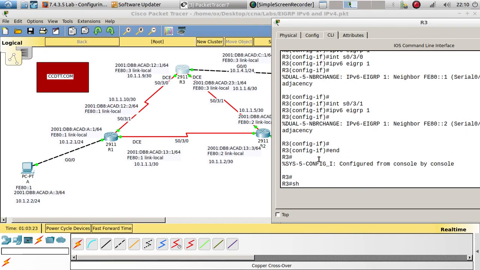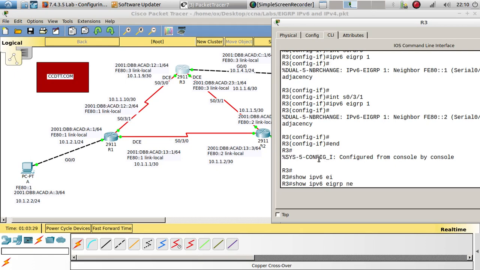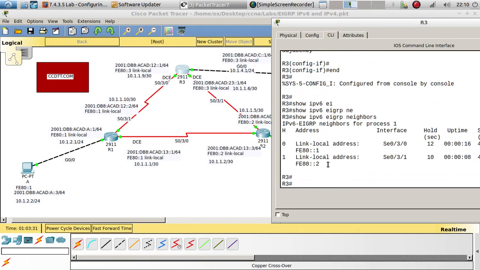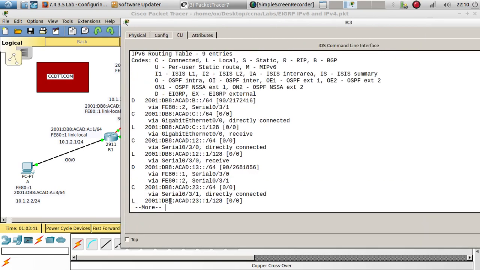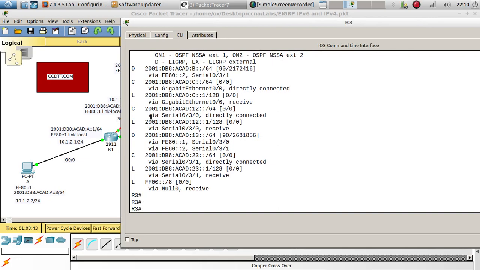So we go in, show IPv6 EIGRP neighbors, and you can see that I have 2 neighbors. Okay, and if we do a show IPv6 route, we have a couple of routes. In total, we have 2.